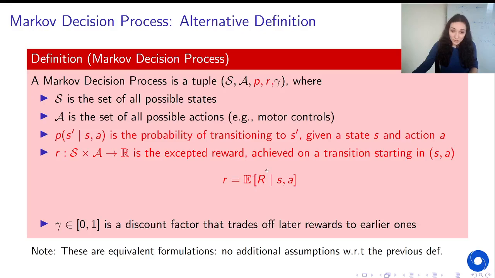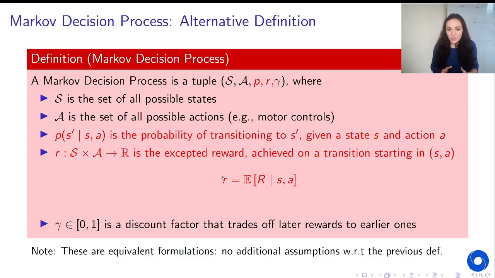So although this random variable might depend on where we end up, in the definition of this MDP, we assume that we have access to the expected version of this quantity. Okay, and then the discount factor remains the same.